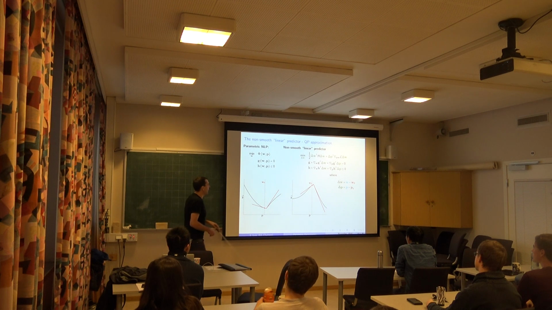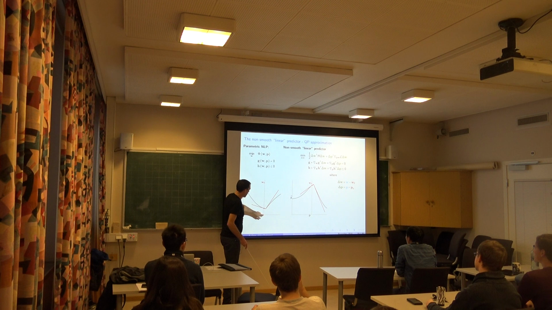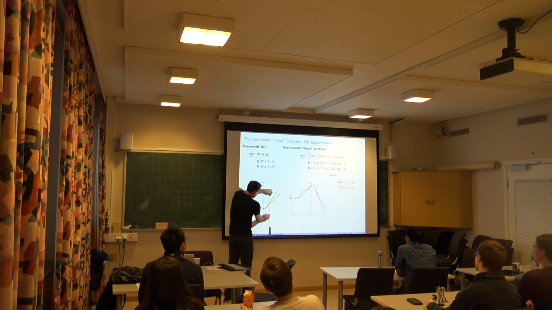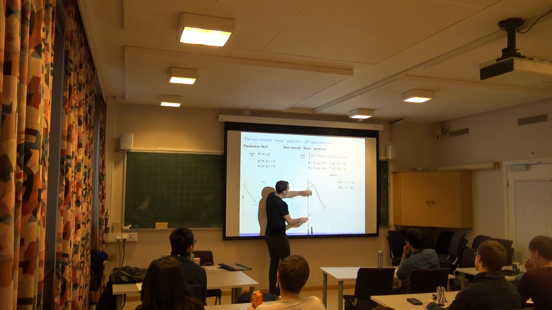So if you now ask your QP to form a prediction, so if I solve the problem here at this P0, I get this solution. It'll give me a prediction of what would be the solution if I solve it, for example, here. By doing a single QP, you would predict here, and the NLP would bring you here. So it's pretty close.